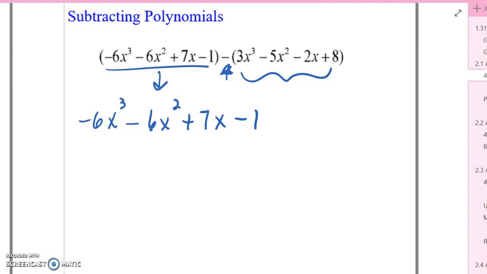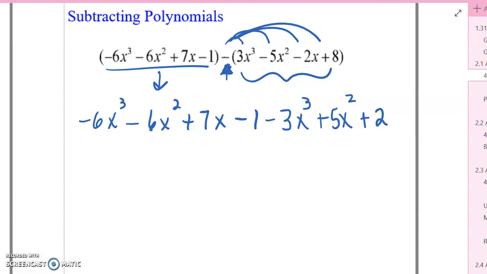But because it is minus a group, everything in that group has to get distributed. So it's minus 3x, and minus a minus actually becomes positive, and minus a negative, when I distribute that, it becomes minus 8. At that point, we're at combining like terms or adding the polynomial now that we changed the sign.